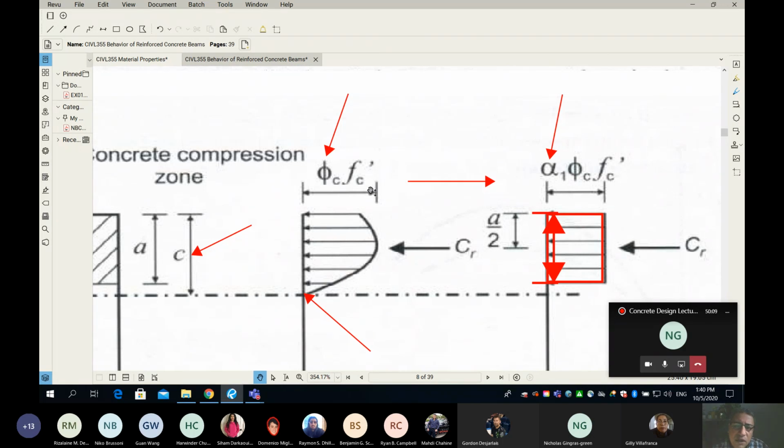Now, what happened is, in order for you to convert and transform the parabola into the equivalent rectangular block, guess what? There is something new here. And all you have to do is multiply your phi c f'c by a factor called alpha 1. Alpha 1.